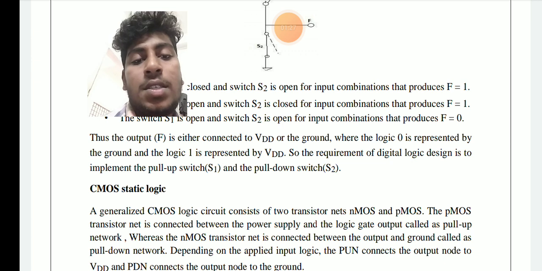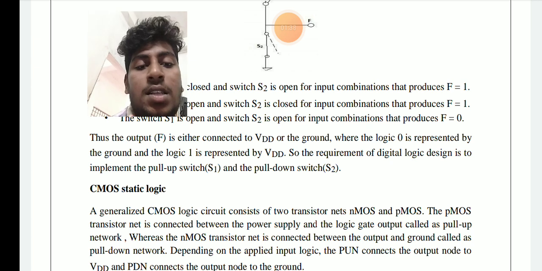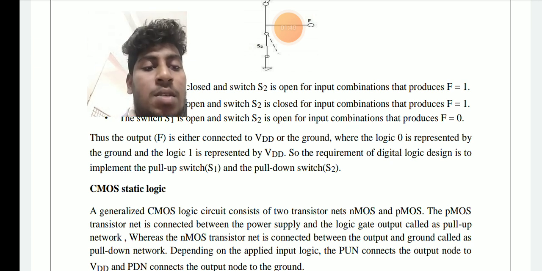CMOS static logic. The generalized CMOS logic circuit consists of two transistor nets of NMOS and PMOS. The PMOS transistor net is connected between the power supply and the logic gate output, called the pull-up network.